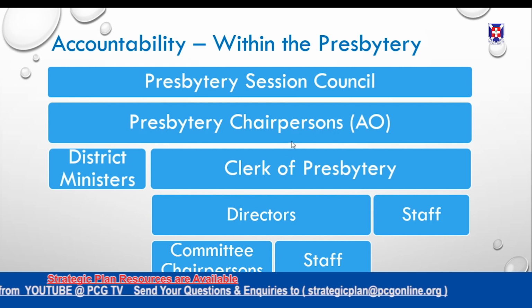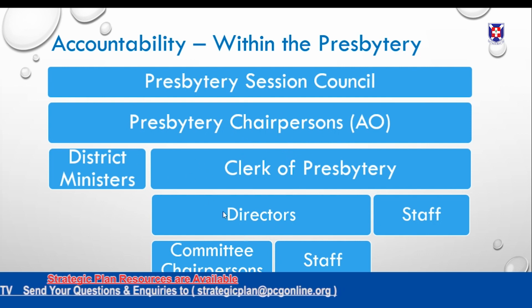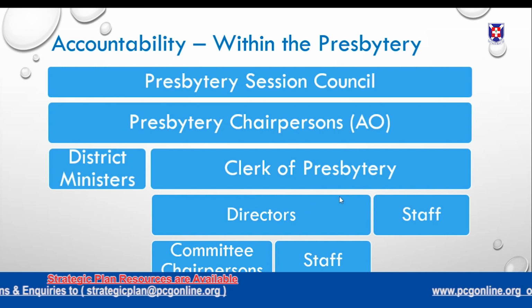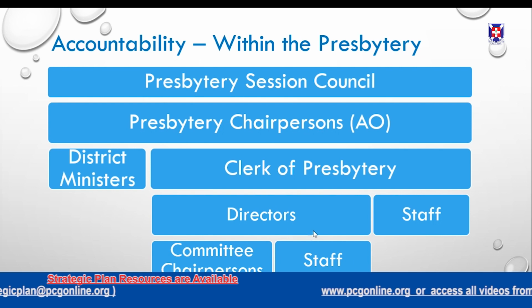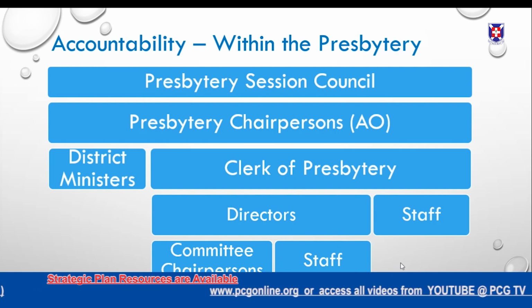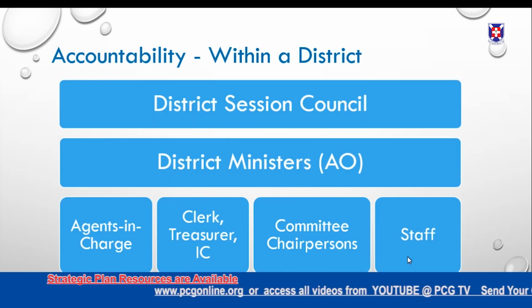So he becomes their monitoring and evaluation officer. And then the clerk of Presbytery organizes directors and staff. And then under the directors, we have the committees and sometimes also staff. This same process goes through the district.